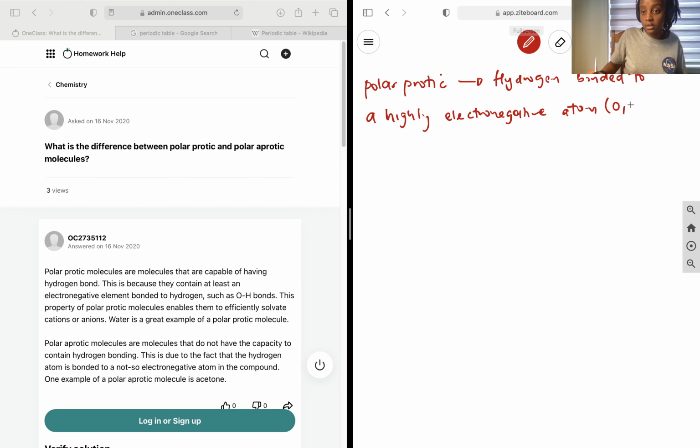So it needs to be oxygen, nitrogen, or fluorine in most cases, and nearly all cases that you'll deal with. And the reasoning is because their electronegativity is so high that it almost pulls the entire electron from hydrogen, which leaves an extremely polar molecule left behind. So let's take the example of H2O.